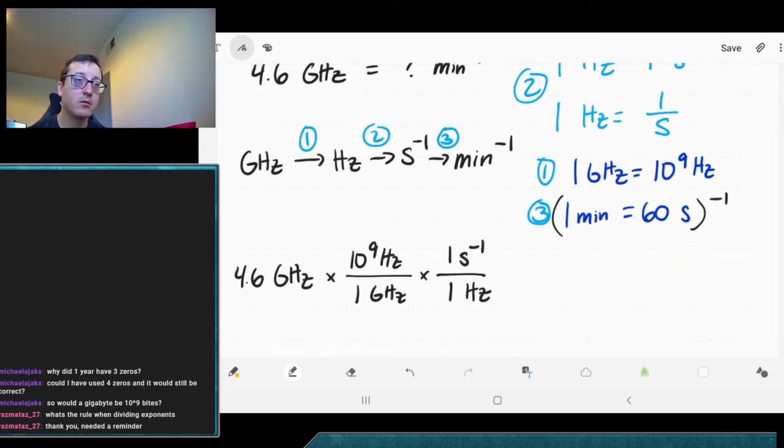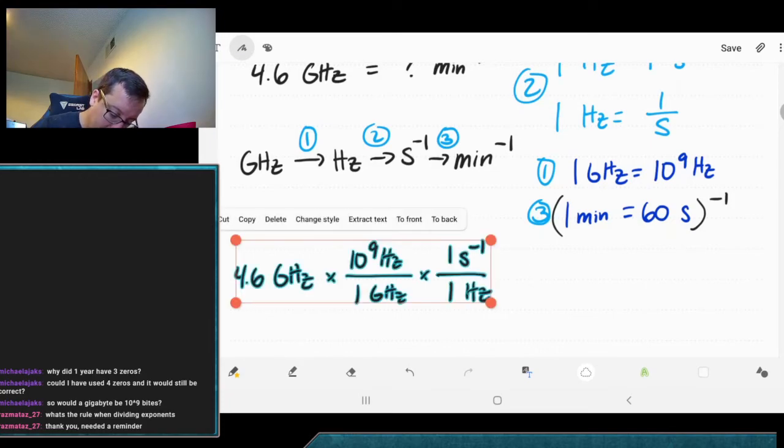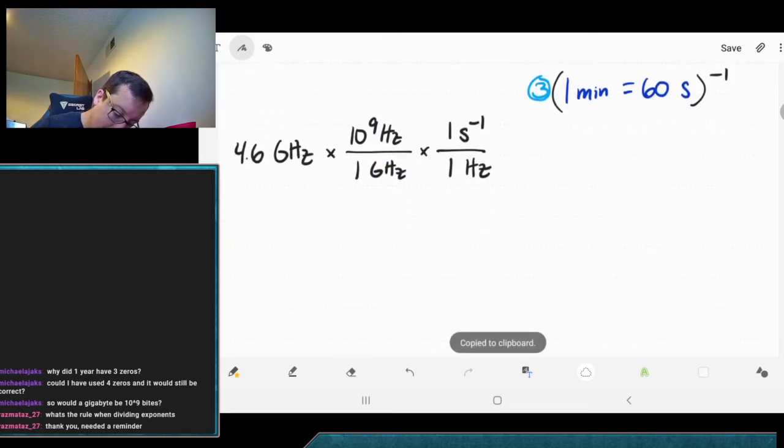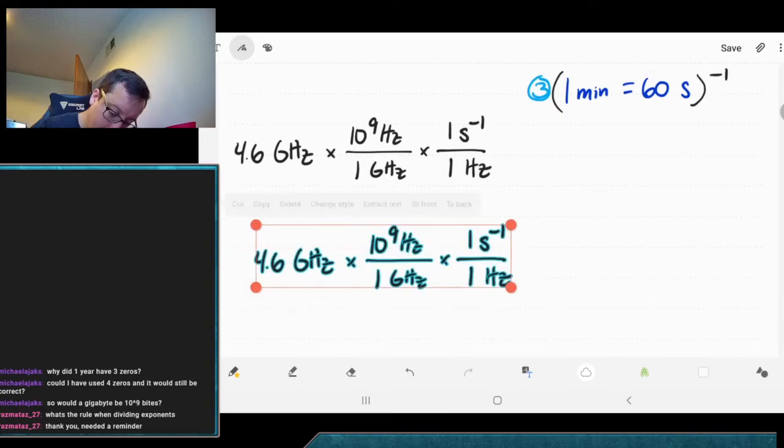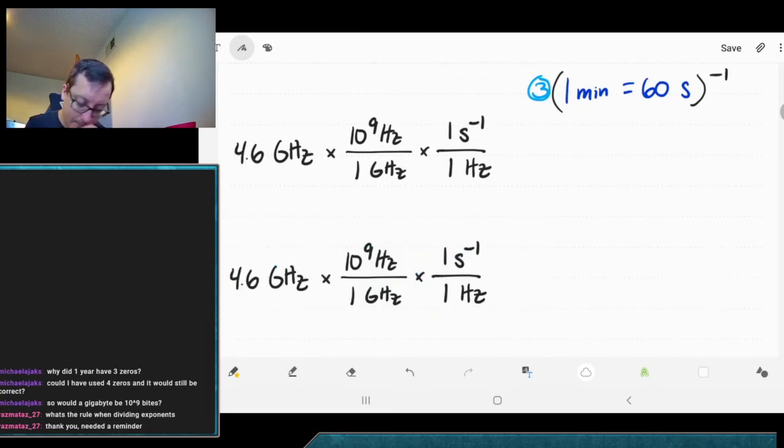Or we can just put seconds in the denominator. Either way, let's take a look at it both ways. I'm going to copy this. We're going to do it both ways. Move it a little bit to the side. Okay.